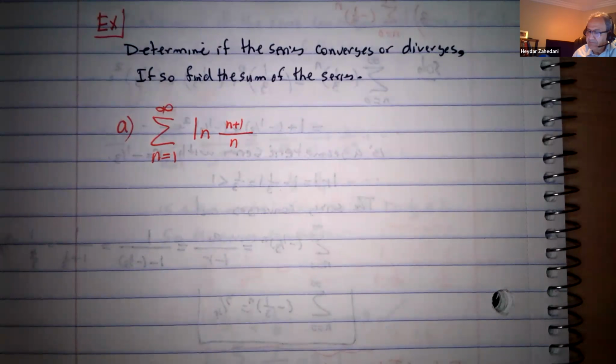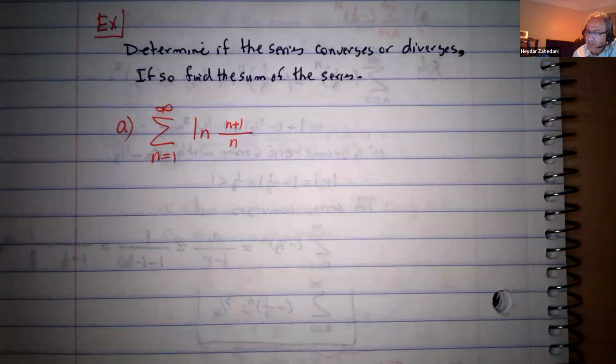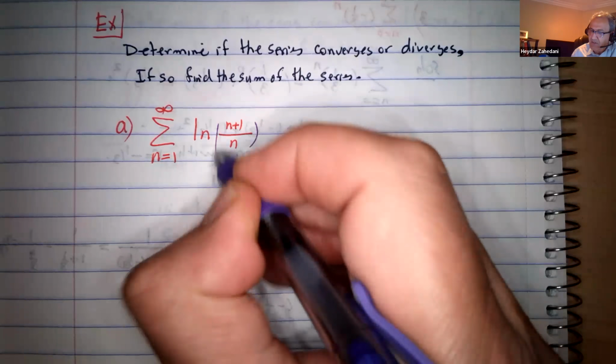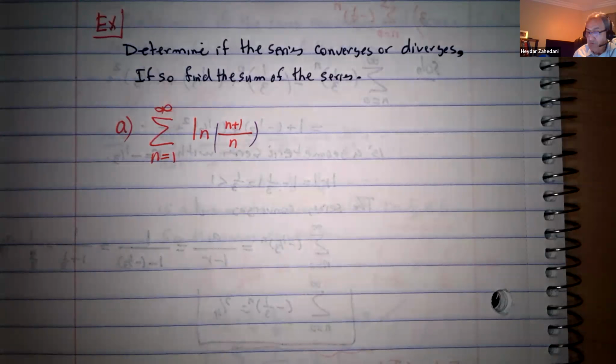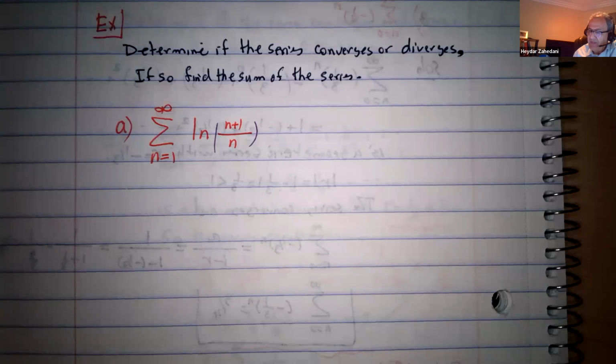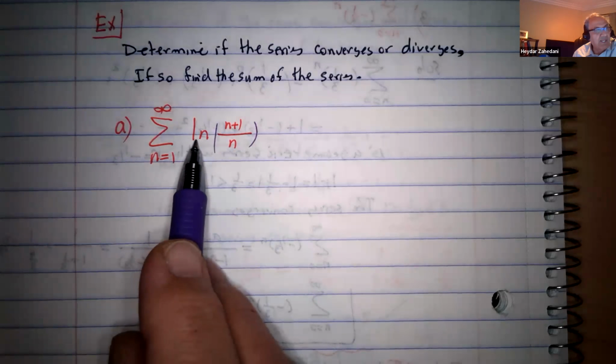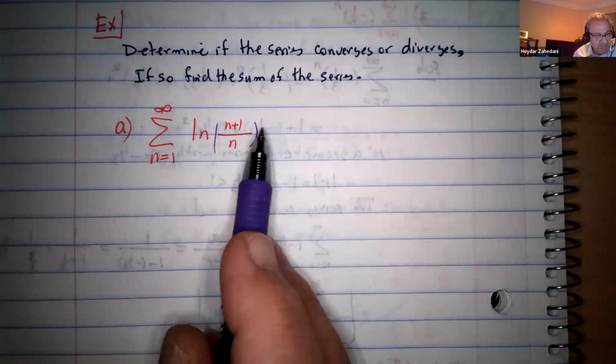Now, you want to check the series of ln of (n plus 1) over n. It seems to be a very complicated series, but you know that ln of a quotient is a difference of ln's.